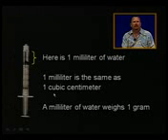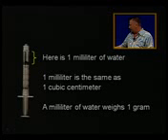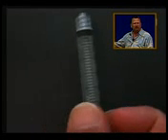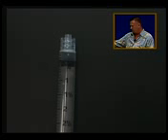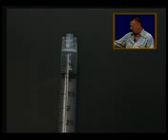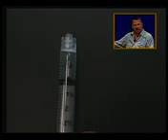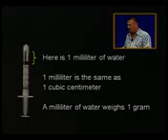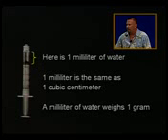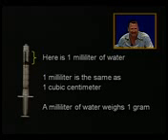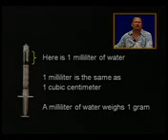Well, here is 1 milliliter of water. Here, I'll switch the Elmo so you can see what this looks like. This is a 3 milliliter syringe. And if I draw my imaginary water into this syringe, right there, I have exactly 1 milliliter. See? A little teeny tiny thing. So a milliliter is the same thing as a cubic centimeter.